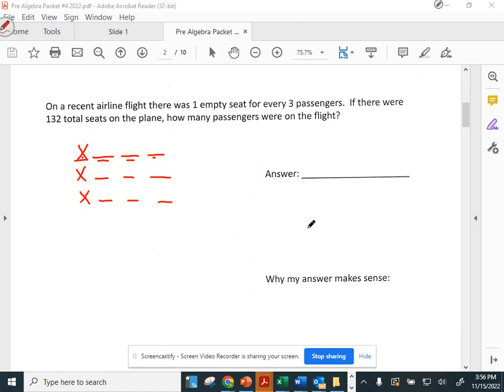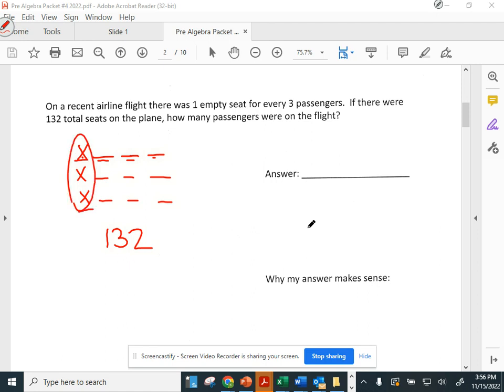So if we know there's 132 seats total, we want to take out all of the empty seats. So we're going to have to do some math here to divide out some seats. So we need to know how many seats are going to be those empty seats.